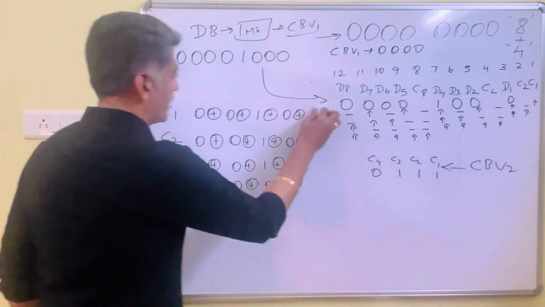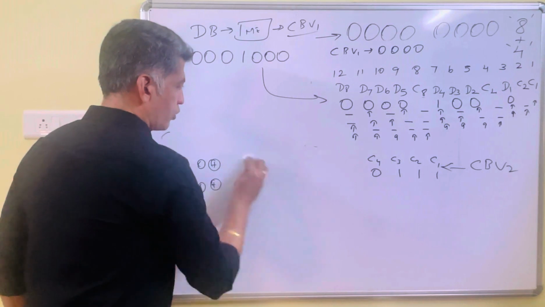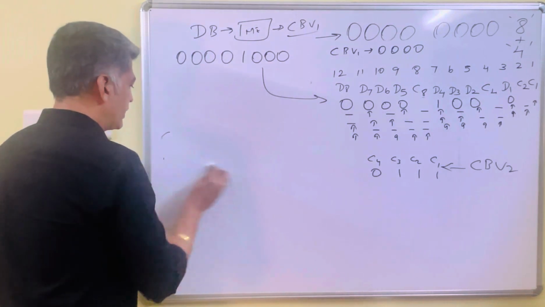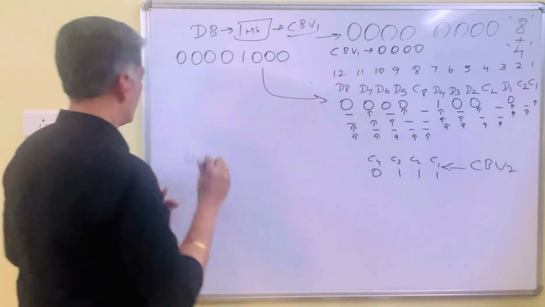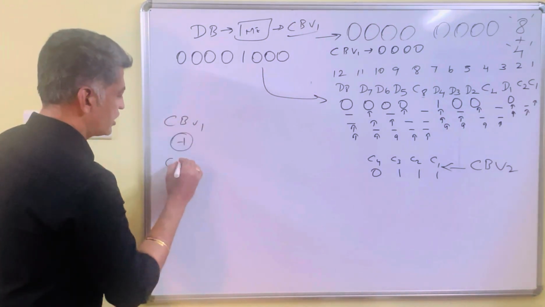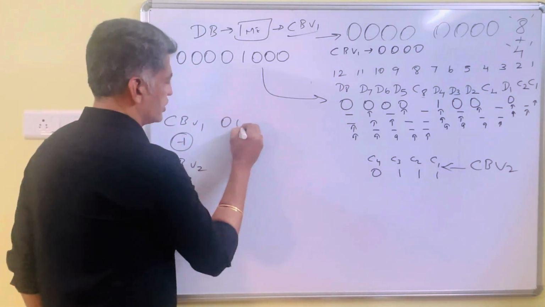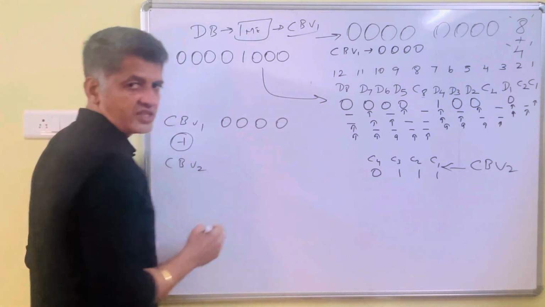Now what I need to do is calculate the syndrome word, right? How will the syndrome word look? For the syndrome word, I need to go for check bit version 1 XOR check bit version 2. So check bit version 1 is 0, 0, 0, 0. This is the check bit version 1.